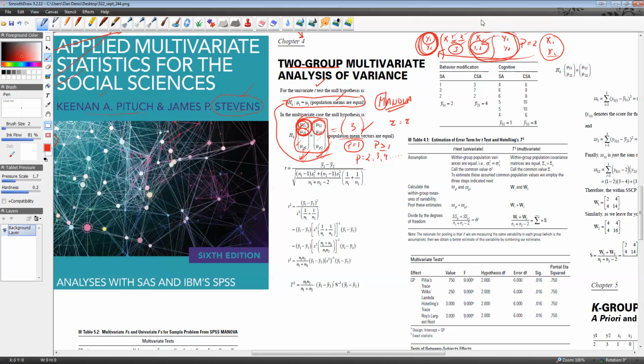Now, my notation's a little bit messy here because I keep reversing situations. Let me just clarify it. Y1, Y2, those are my dependent variables. There's 0, 1. This is the situation we're looking at when we look at this multivariate analysis of variance.